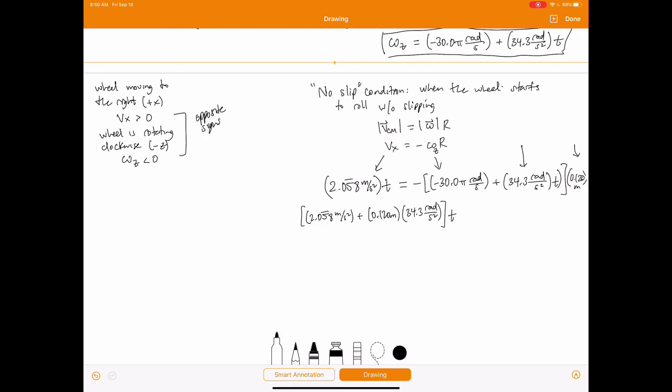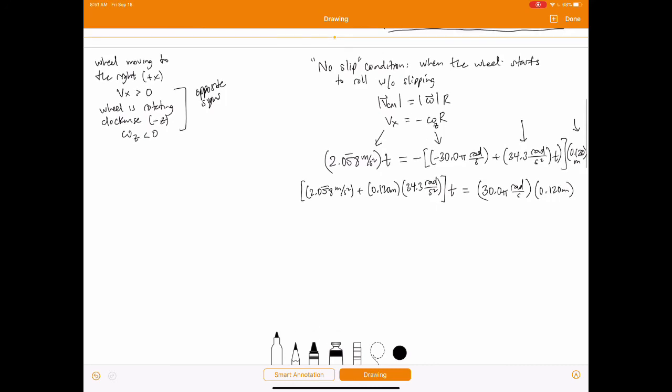Now, on the other side of the equation, I have a term that's just a constant, not multiplying a factor of t, which is 30.0 pi radians per second. So we have two negative signs which cancel out, and then that's multiplying 0.120 meters, like this. Okay, so to simplify that, this thing here in the brackets, if you calculate it, comes out to 6.174, and then that's multiplying t.